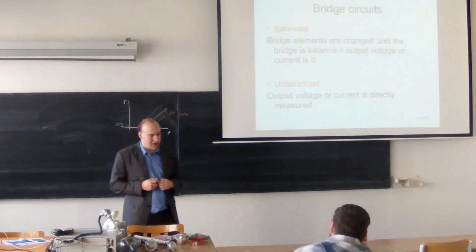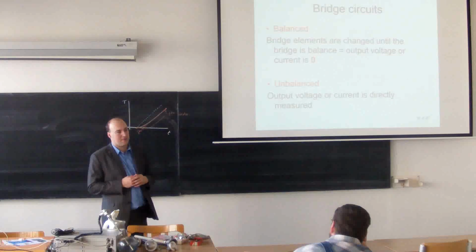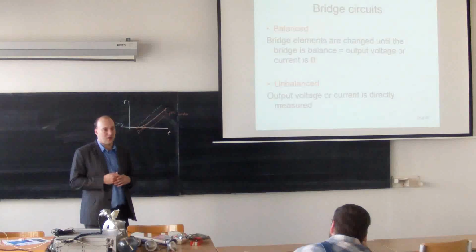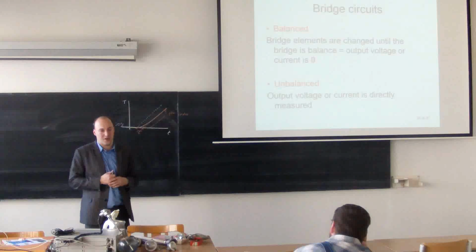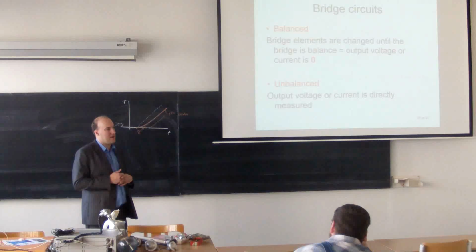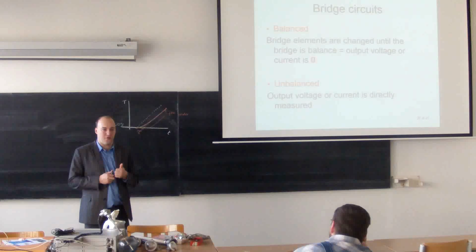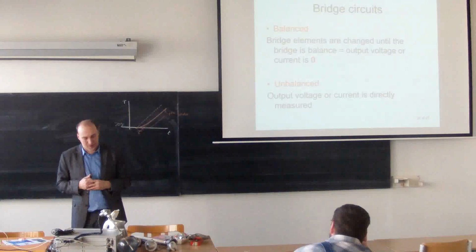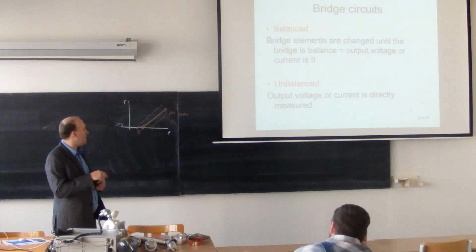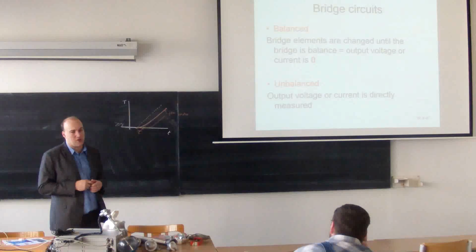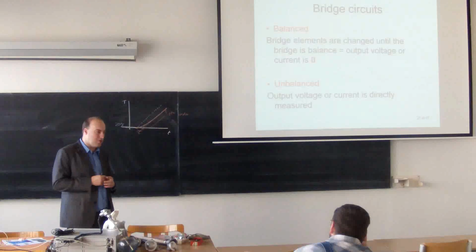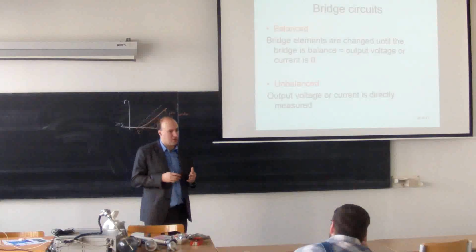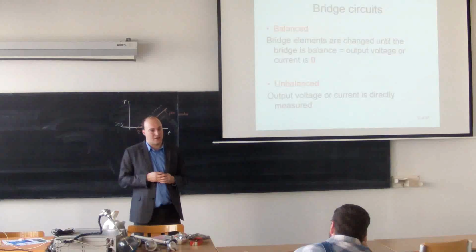On the other hand, for industrial systems, you need fast reading. You don't want to set any knobs on the bridge. So you will have to read directly the voltage or current from the bridge. You will not balance anything on the bridge. So this will be called an unbalanced bridge. The disadvantage will be that the response of the bridge is nonlinear.